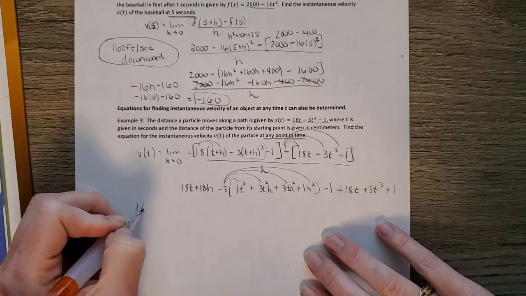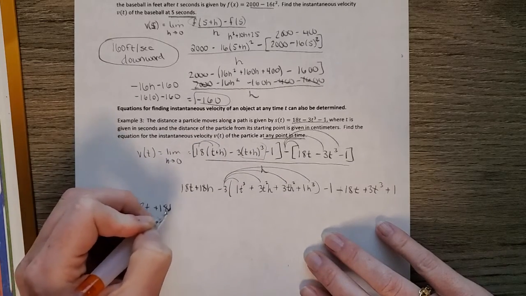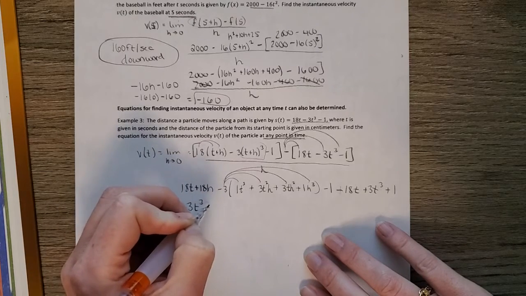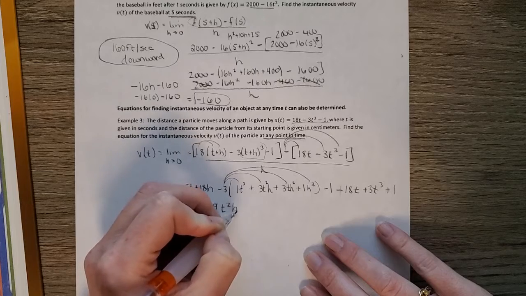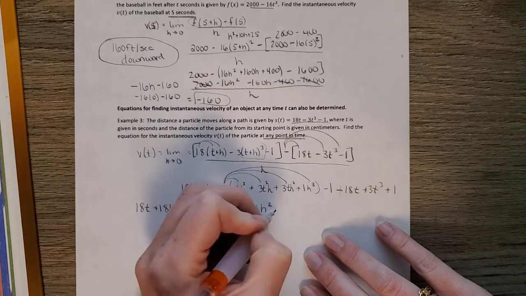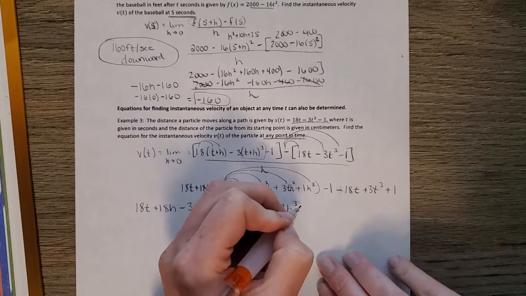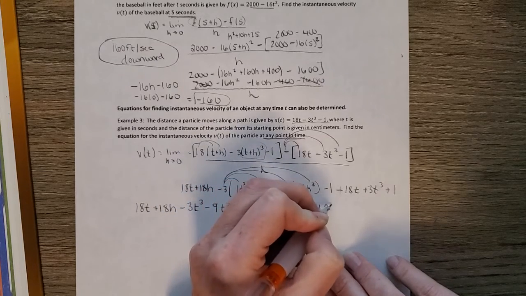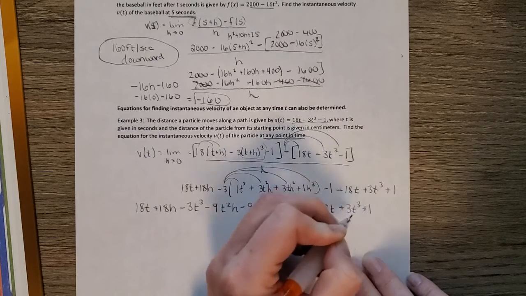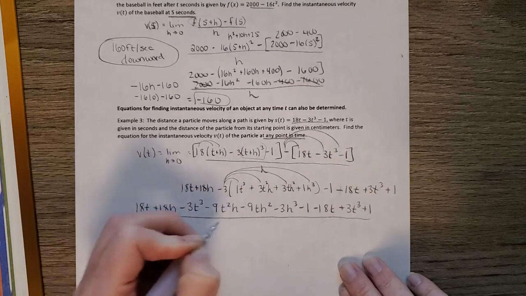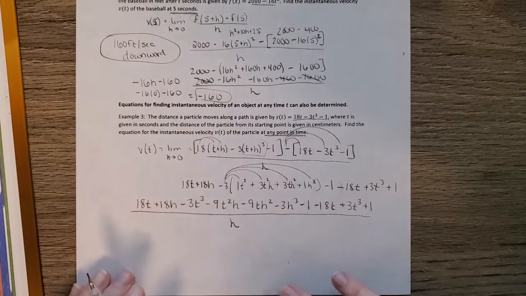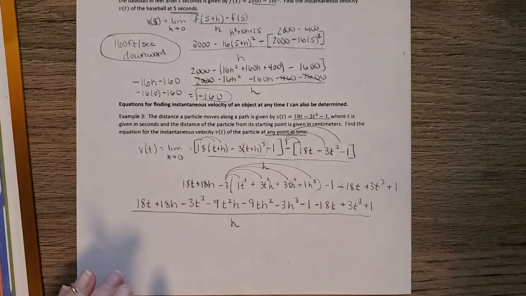So 18t plus 18h minus 3t cubed minus 9t squared h minus 9th squared minus 3h cubed minus 1 minus 18t plus 3t cubed plus 1, and that whole thing is over h. So it's a lot of algebraic work. If you're really careful, you should be able to get that done.